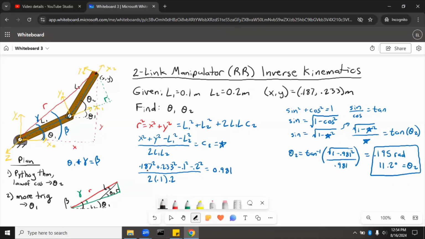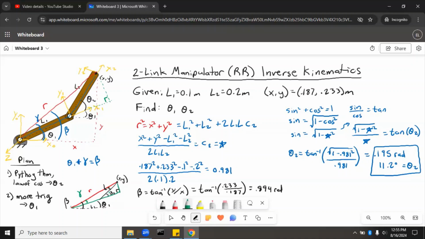Let's find beta first. This point was x, y, so beta is just the inverse tangent of that: beta equals tan inverse of y over x. So beta is 0.894 radians. Now to get gamma, we'll use the green and red triangle.